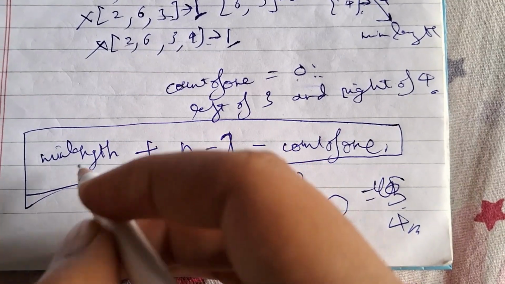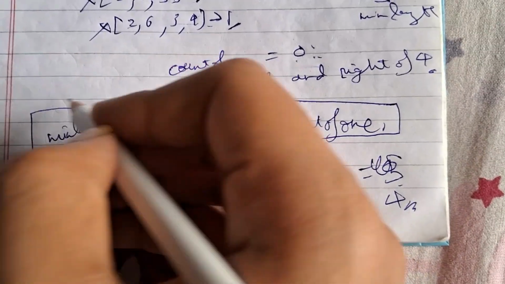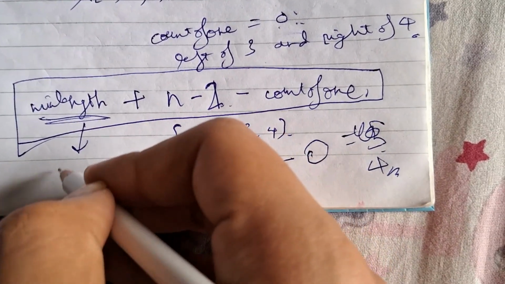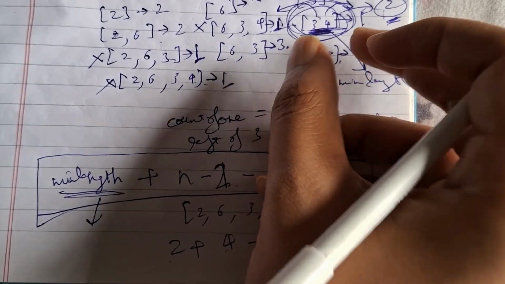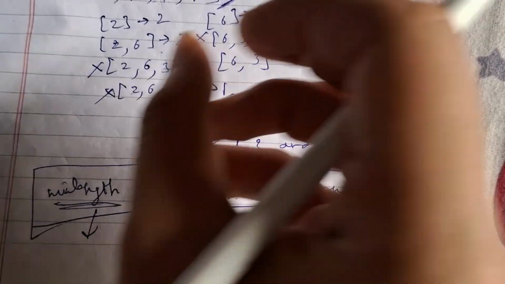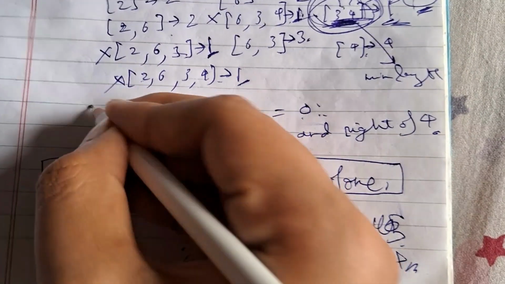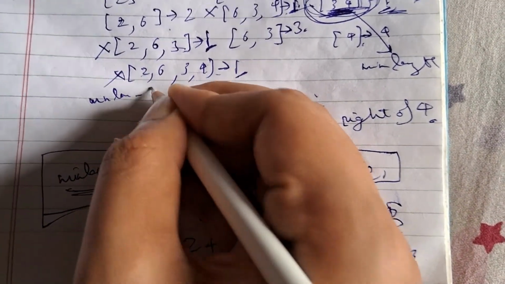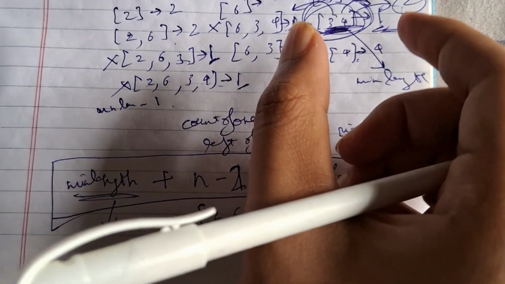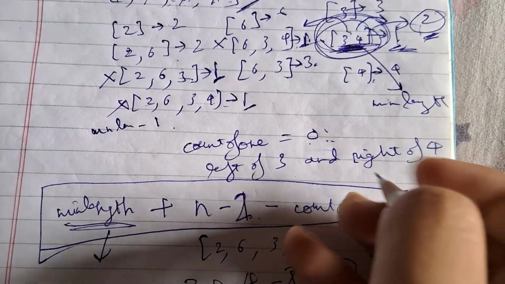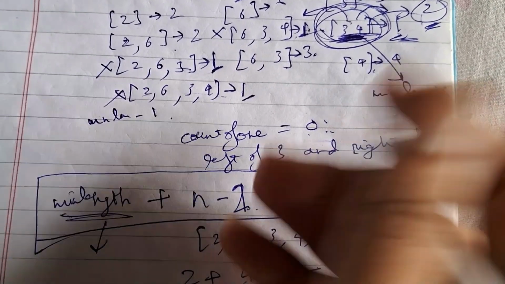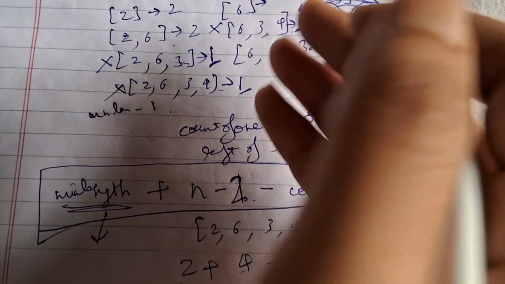So how does the formula come? I'll explain it. What is the minimum length? It is the length of the minimum subarray which has a GCD of 1. So if we perform minimum length minus 1 operations, we can make any one element of that subarray 1, right? And we have to check all the remaining elements, that is n minus 1.